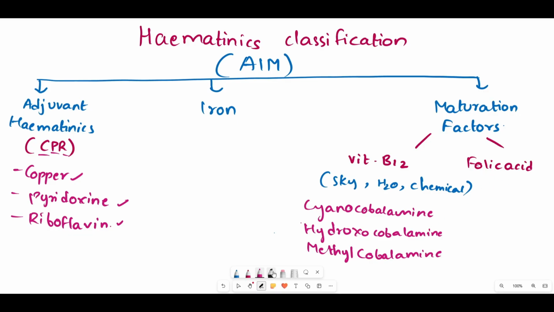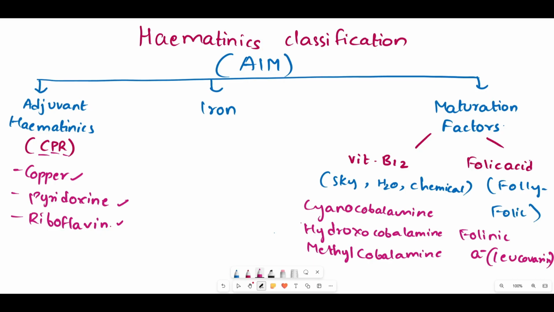So under this folic acid, just remember it as polyfolic. That means one is called as folinic acid. So folinic acid can also be called as leucovorin. So that's it about this maturation factors.